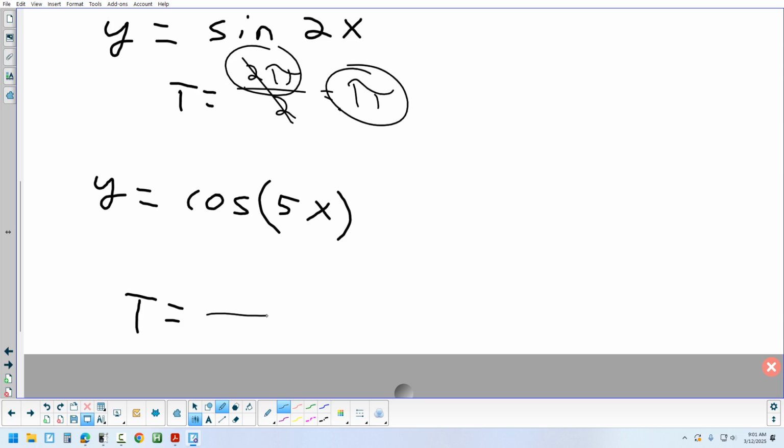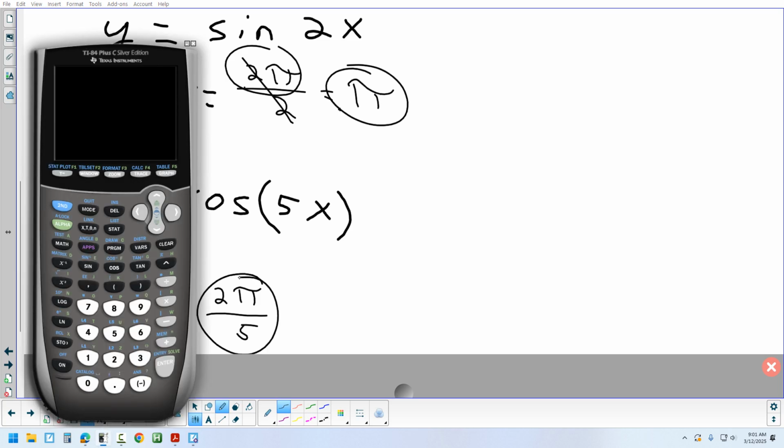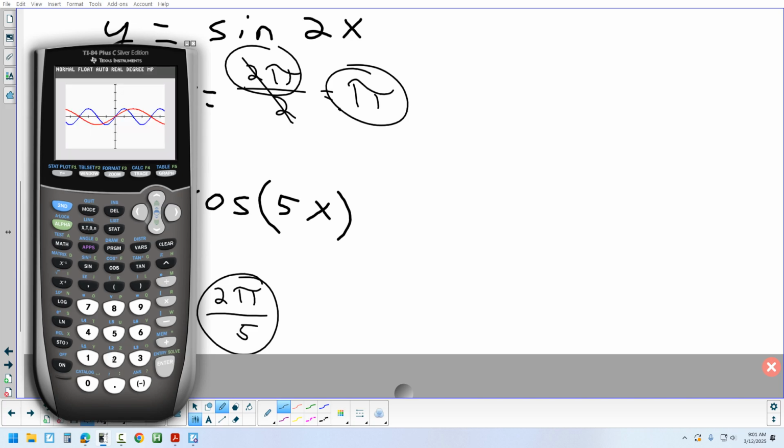What number always goes in the top of the fraction? 2 pi. And what number goes in the bottom? 5. That is the distance you would have to travel on the x-axis to see one full cycle. If you wanted to know what that is as a decimal, you can do it. You have to travel from 0 to 1.25, and you'll get a full cycle.